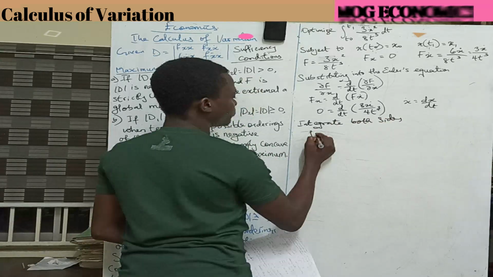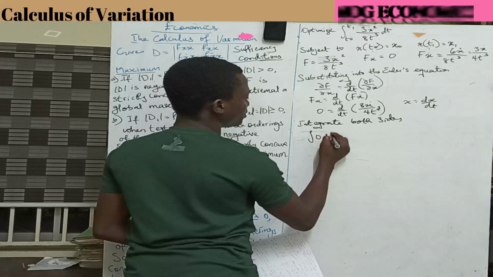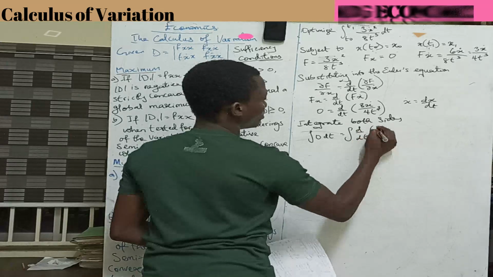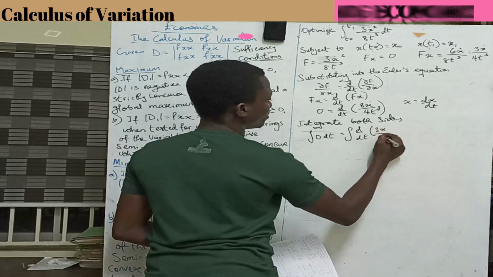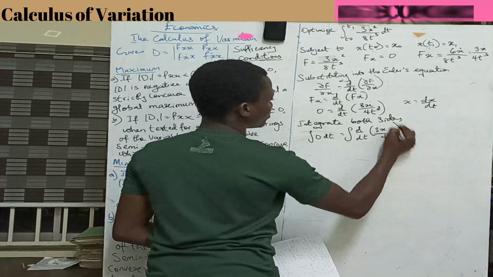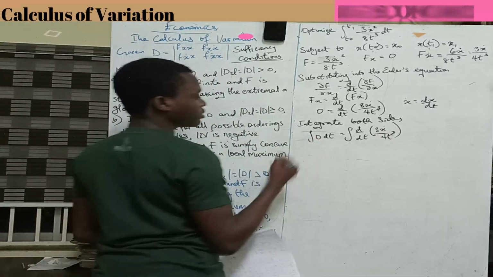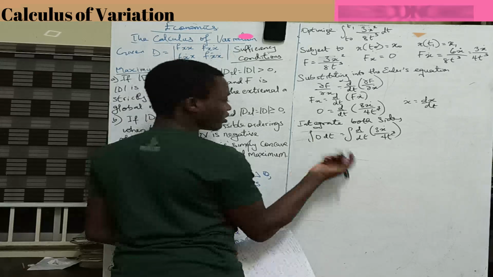So we have the integral of 0 dt equals the integral of d/dt of 3x dot over 4t cubed. So what happens is the integral of this one just becomes a constant. That's what's going to give us a constant.